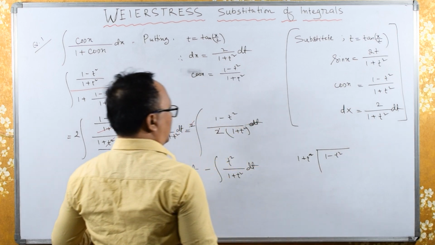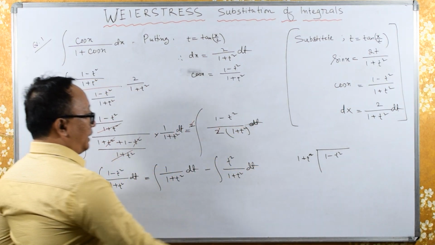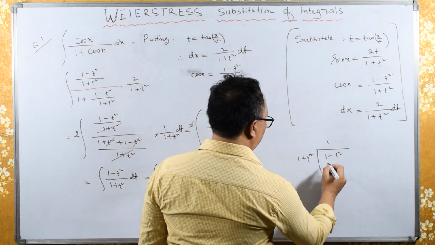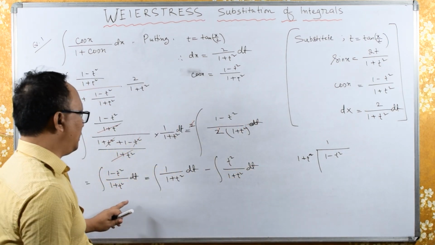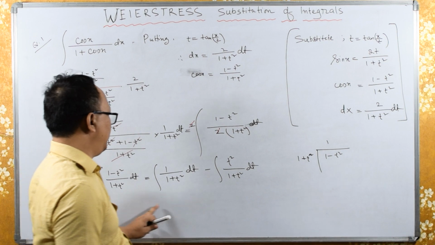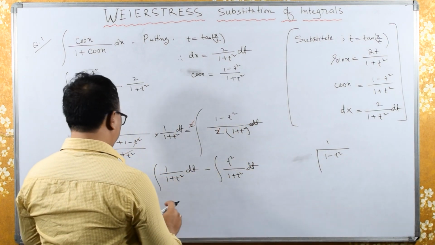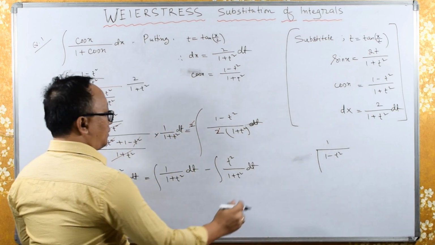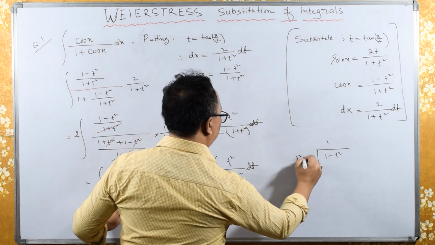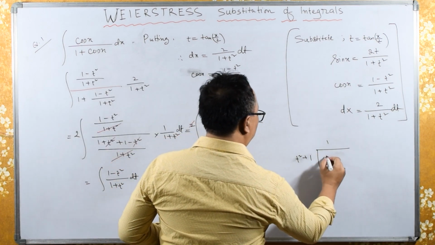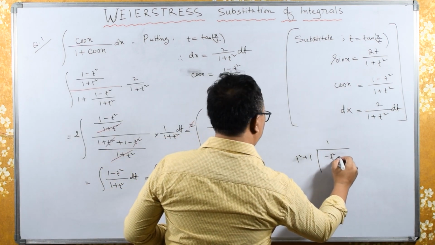Instead of 1 plus t square, you can write t square plus 1. Instead of 1 minus t square, you can write minus t square plus 1.